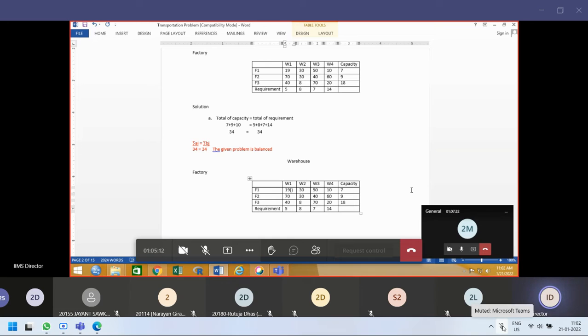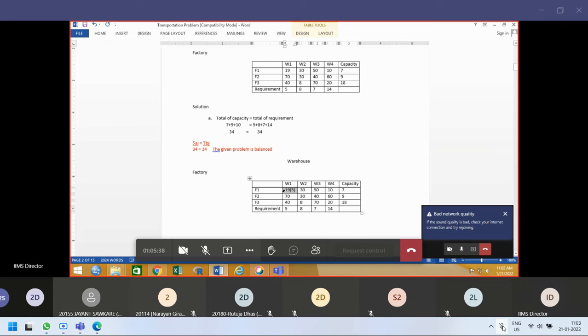Why 5 can I allocate? Because I cannot store the goods more than 5 tons in warehouse 1. That is block. So what was the capacity of warehouse 1? 5 capacity was there. So all these 5 capacities are allocated. So this is completely blocked. Am I right?